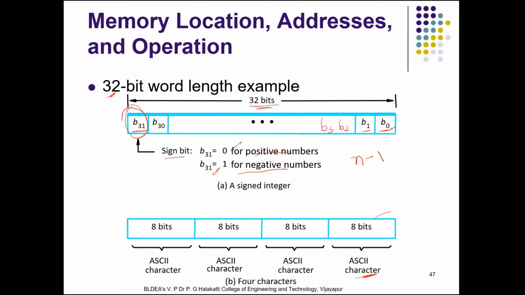So if it is a 32-bit word, then in 32 bits I am capable of storing 4 characters represented in ASCII format. Each character is going to take 8 bits, so 8 plus 8 plus 8 plus 8 makes 32. So in one word of memory, we can store 4 ASCII characters.